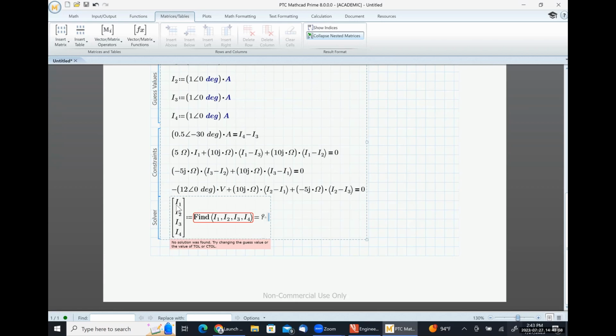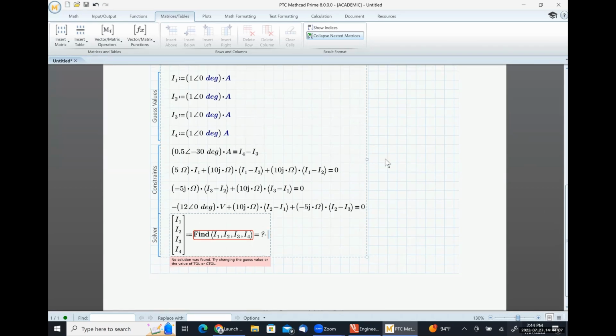All right, so let me double check these equations really quickly here. Actually, your I4 is not being multiplied by A at the end. Let's see if it does it. Nope, that didn't fix it.